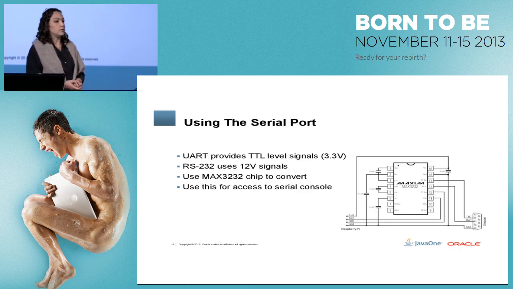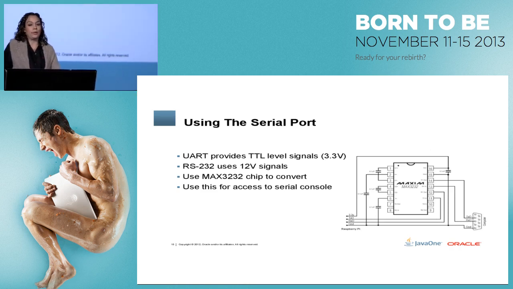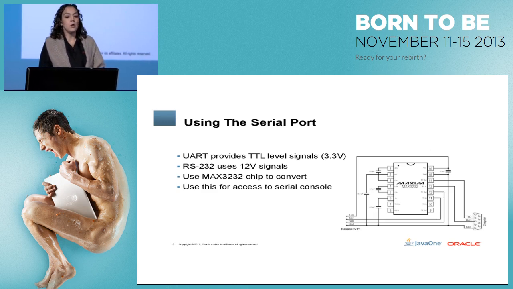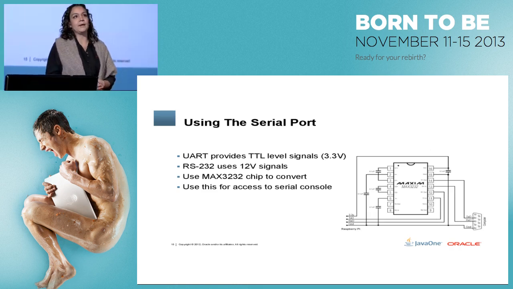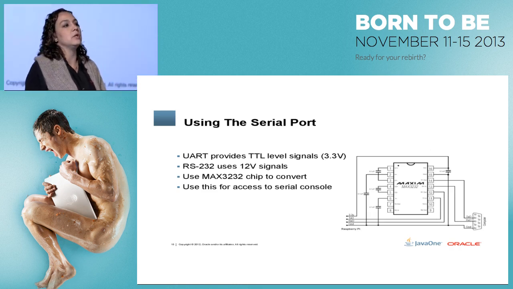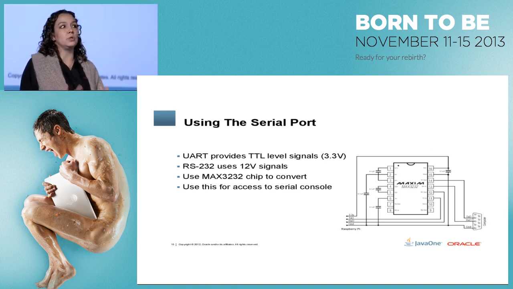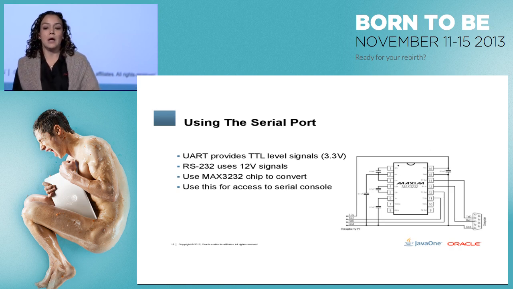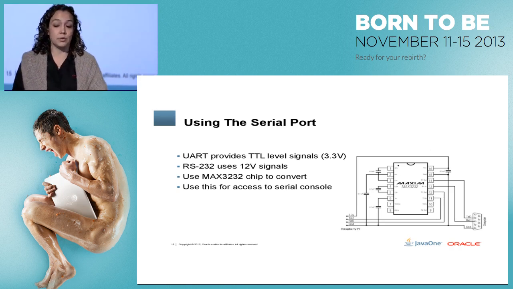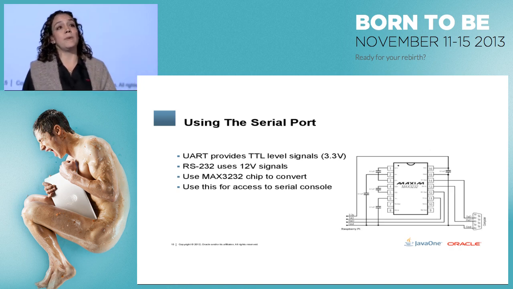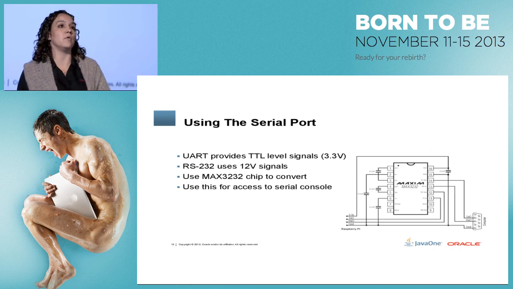Before I really move into I2C, a little bit of what we have done with the different protocols on the different pins that you have available. When you talk about embedded, having a console is very useful. Sometimes you don't even have a screen with you and you really need to know what's going on. So having that feature is really important. We do have UART lines out of the Raspberry Pi, but remember those are TTL levels, so we only get 3.3 volts.